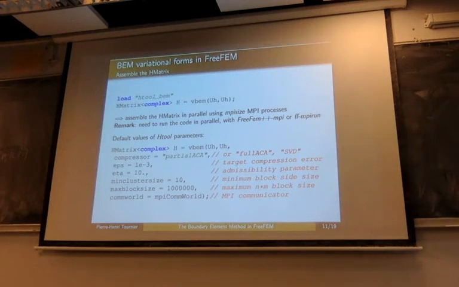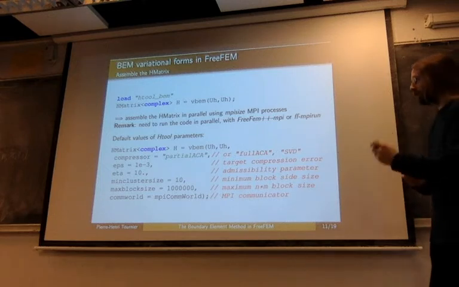This is the admissibility geometric criterion, eta. The larger eta is, the more blocks we will try to compress. But that doesn't mean that if the compression doesn't meet the epsilon requirement, we compress. So you don't lose any precision by raising eta.